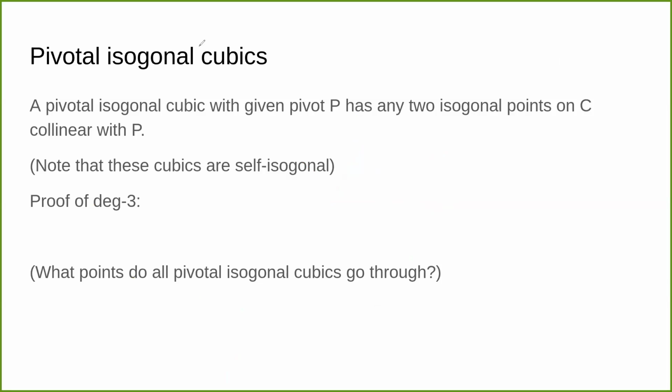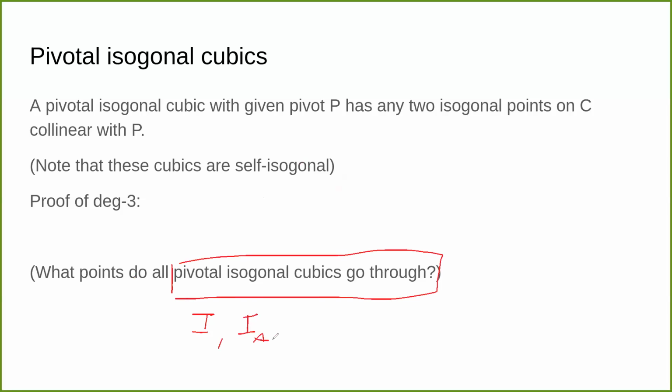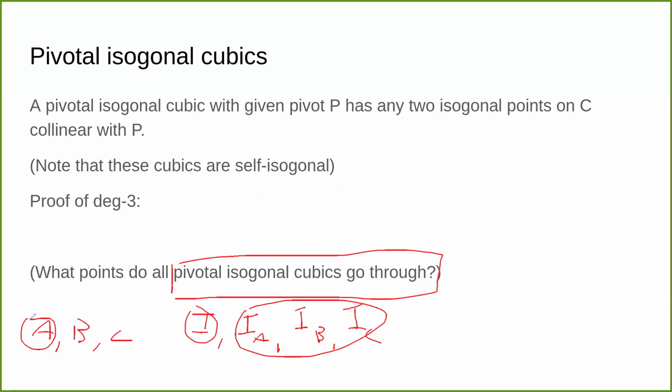If you want to look at these some more, there's a whole tool in GeoGebra to do them. They're important because they will always go through the incenter and the three excenters, and A, B, and C. They go through A, B, and C because the isogonal conjugate of A is undefined.